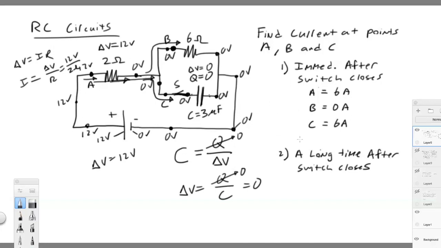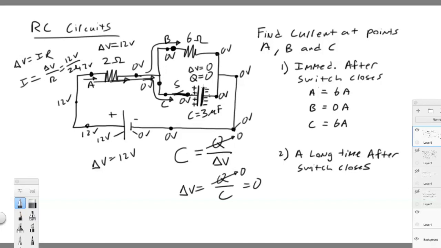Now, as time passes, what happens is this. Current is positive charge motion. So positive charge is going to build up on this left plate, which causes the positive charges on the right plate to repel. So the positive charges on the right plate are going to leave, which leaves this right plate negative.